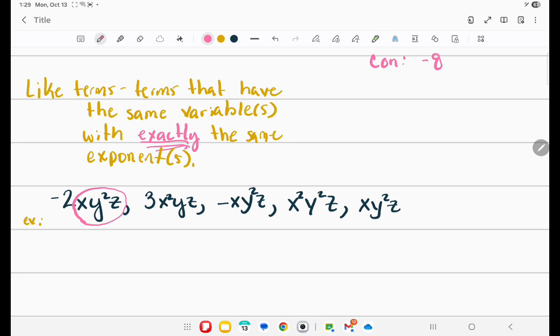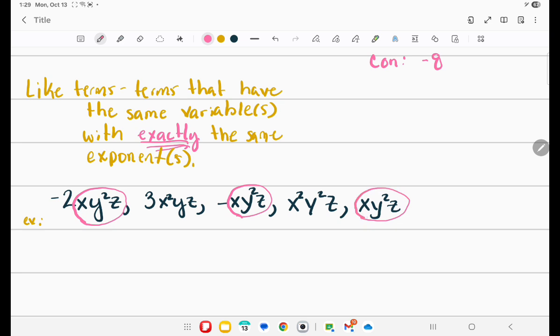Who else has like terms like negative 2? Very good. Negative 1 also has x, y squared, z. Anybody else? Positive 1 has x, y squared, z.